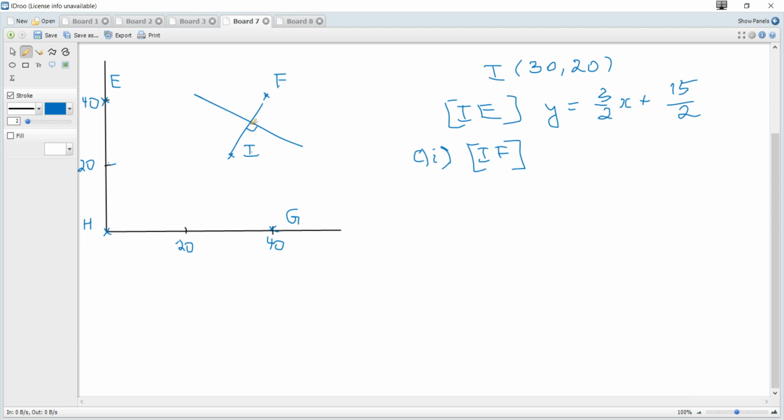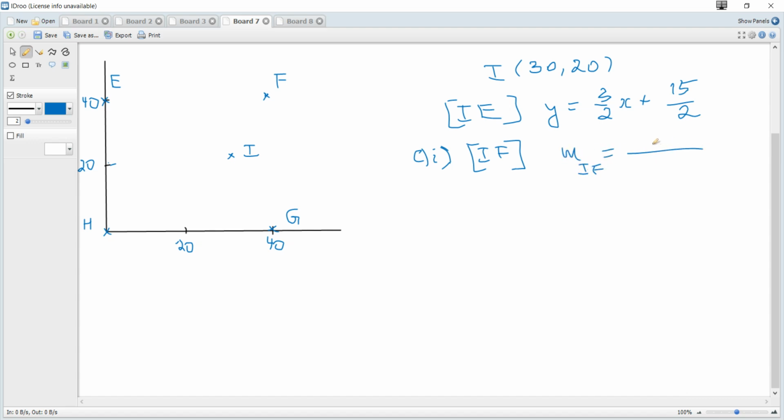And then we need a point, and since our line passes through the midpoint between I and F, we need the coordinates of the midpoint, and then using them we can find the unknown c in the equation of a line. So we need the gradient of the line through IF firstly.